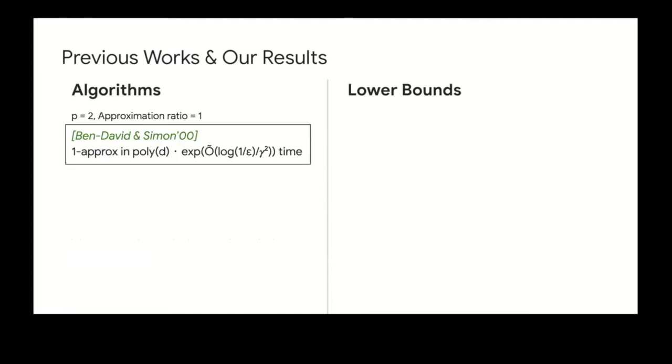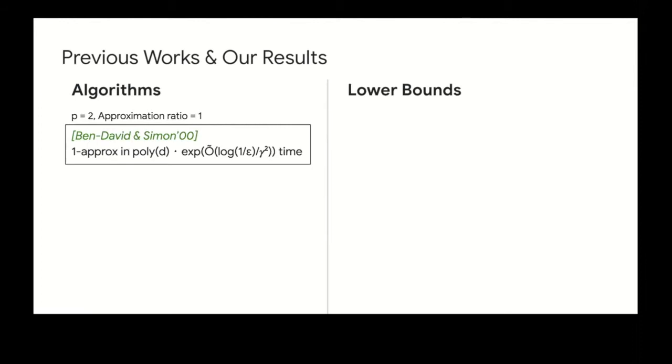So having stated our problem, let's now look at what is known and what we show. Let me first go through the algorithm, and then we'll go to the lower bound later. Previous work by Ben-David and Simon shows that it's possible to achieve approximation ratio 1 in the case of L2 robustness, so p equals 2, where the algorithm running time is polynomial in d times (1/epsilon)^(1/gamma^2). Okay, this is pretty nice.